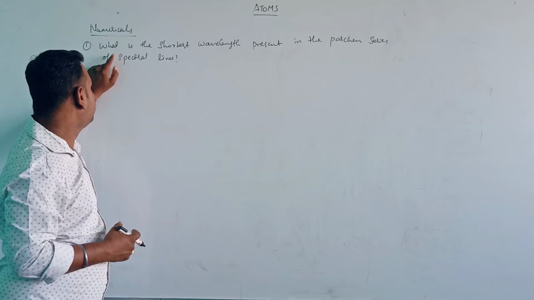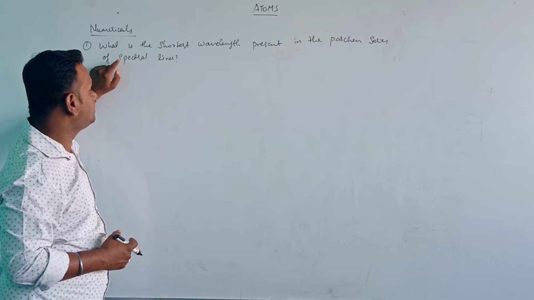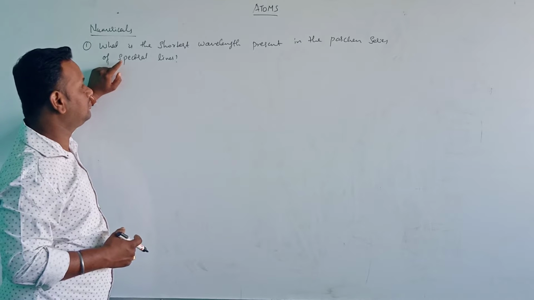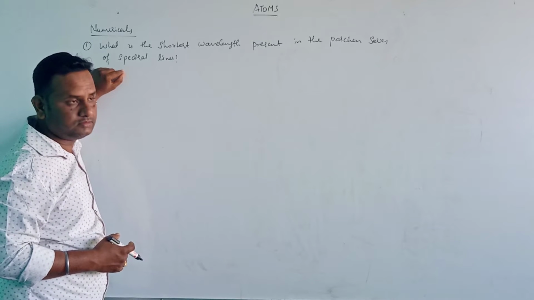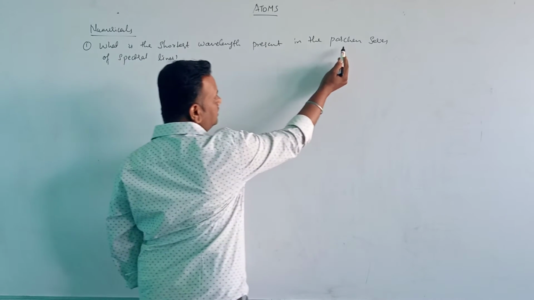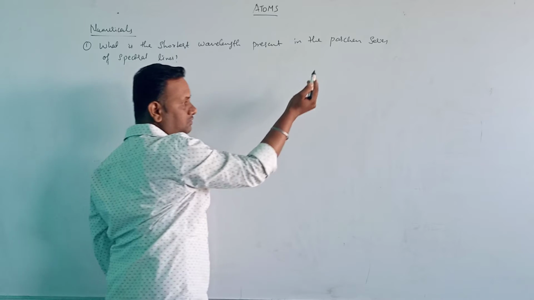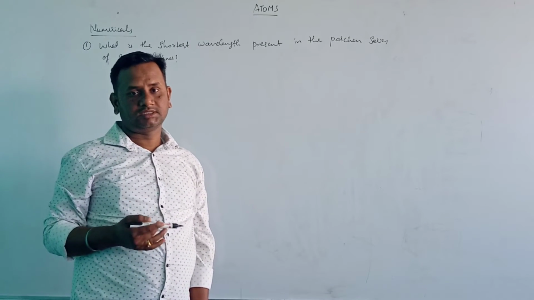So now, what is the question here? What is the shortest wavelength present in the Paschen series of spectral lines? They might ask you the Balmer series in place of Paschen series, or the Pfund series, Brackett series, right?